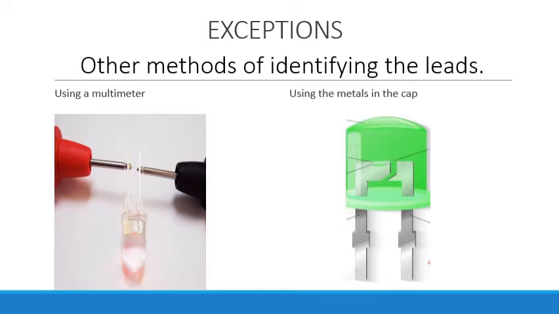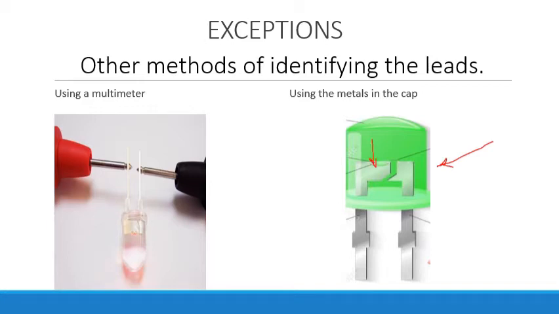the other method is by using the metals in the cap. The plastic part where you have the color is what I refer to as the cap. That is the green color over there. So now you can see two metals there that are connected to the leads of the LED.